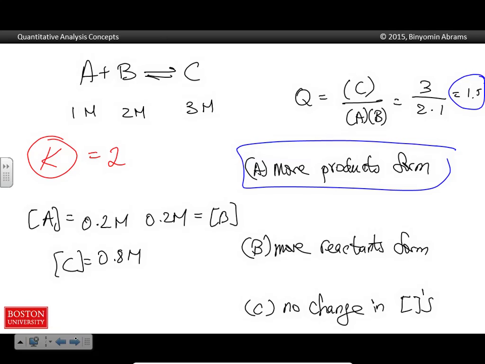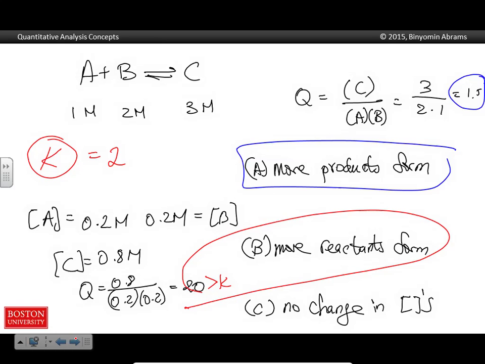Well, if we do that, we can calculate Q for this, which is 0.8 over 0.2 times 0.2. And if we do that, we get 20. 20 is greater than K, right? And if that's the case, then reactants are going to form.